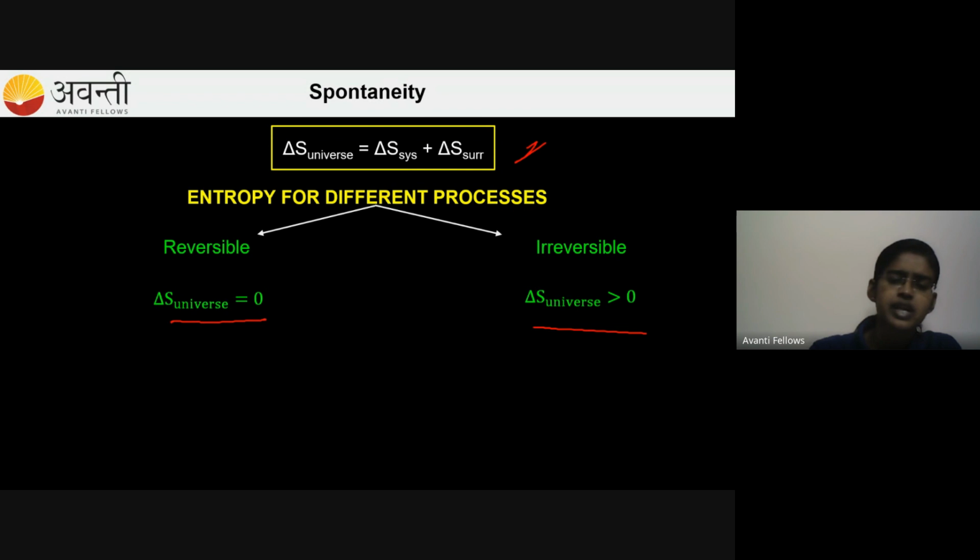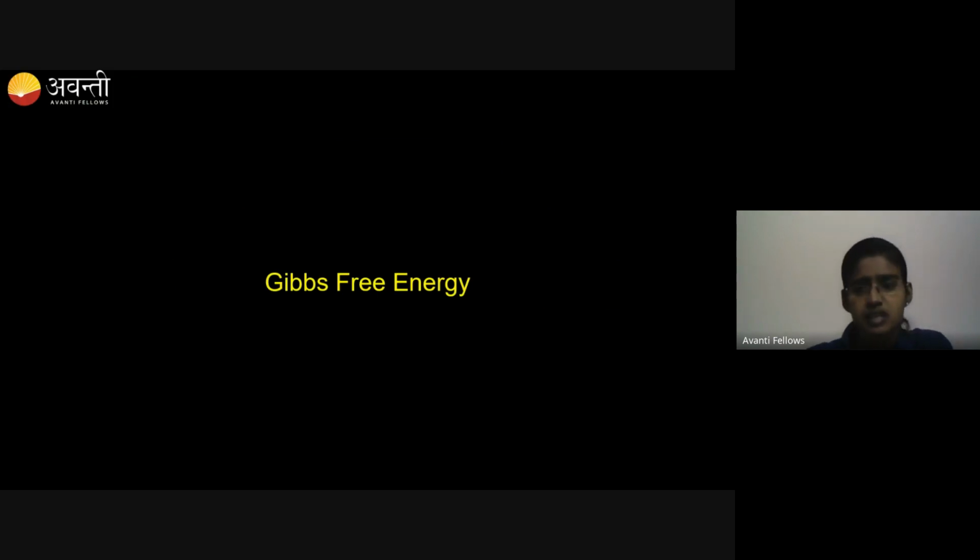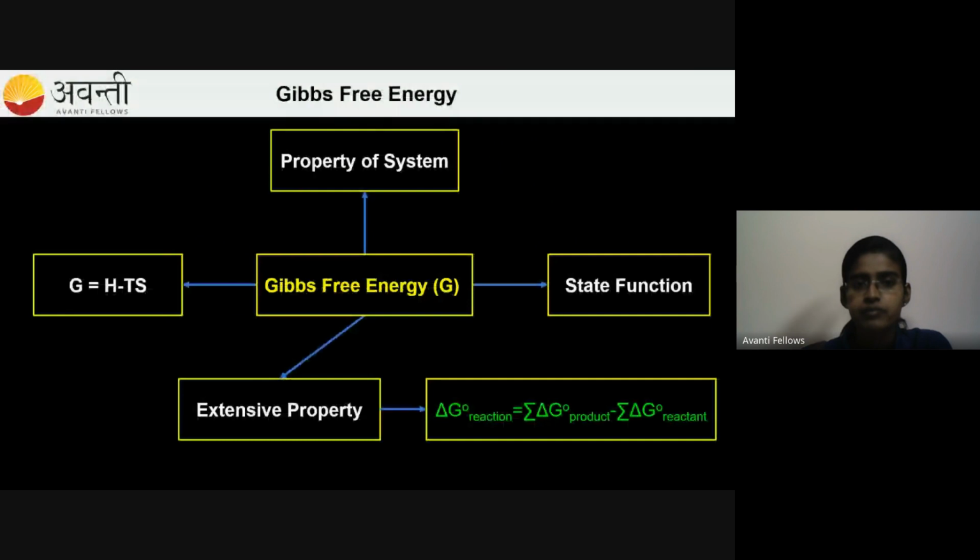Now coming to the next topic, Gibbs free energy. It is denoted by the letter G, and we have some more important points to be kept in mind about this. The first point is, it is also a property of a system. It is a state function, which depends only on the initial and final state of the system, and it is also an extensive property like entropy.